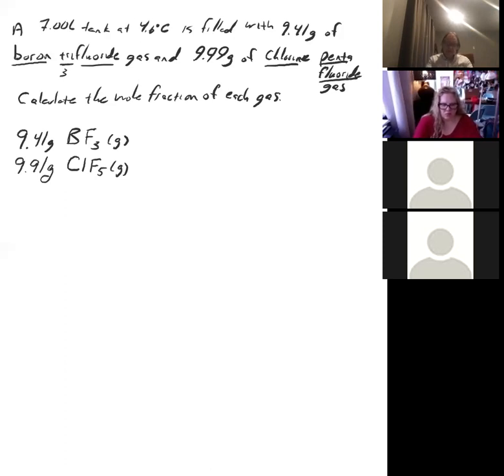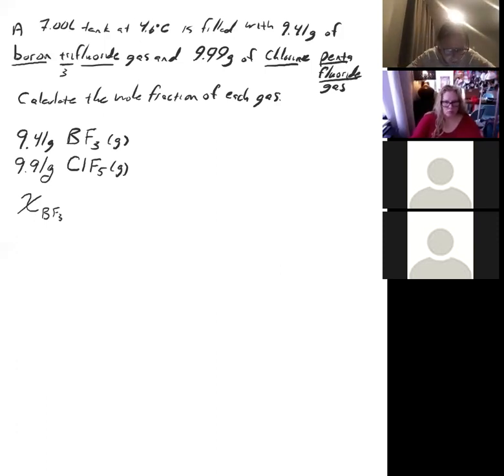So here's our strategy. We want to find the mole fraction of each gas. So I'm going to write out the mathematical formula. We want to find the mole fraction of boron trifluoride. Okay, so there's the symbol we're going to use. X for mole fraction, BF3 to tell us which one goes on top.